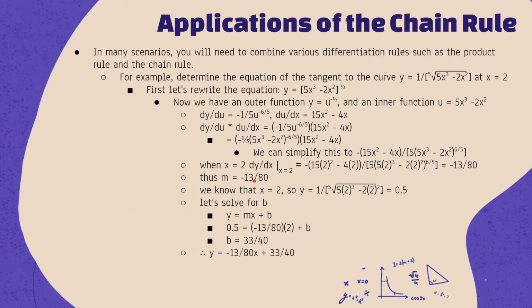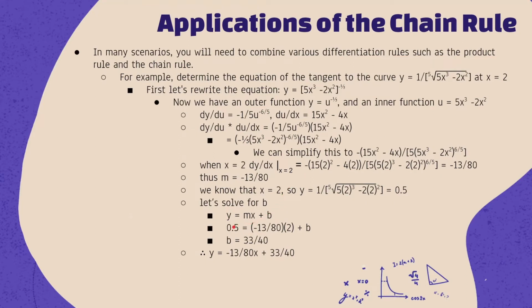Now that we know what the slope is, we can find the b value, right? Because we're given that x equals 2, and we could simply find y by plugging 2 into our original equation and solving for y, and y turns out to be 0.5. Now, back to grade 9 math, we have y equals mx plus b.